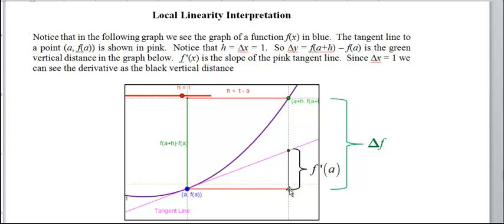So this distance from down here up to this point here, the vertical distance from A up to f of A, this green line here, is actually delta f when delta x is 1. That is f of A plus h minus f of A for h being 1. In other words, it's f of A plus 1. Maybe I'll be specific about that here.